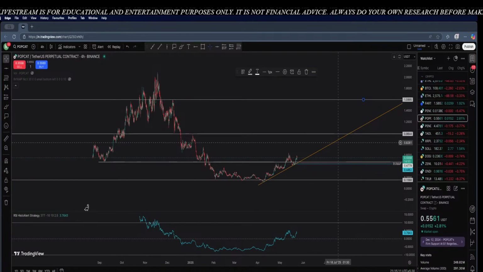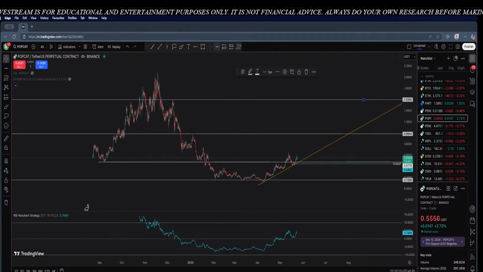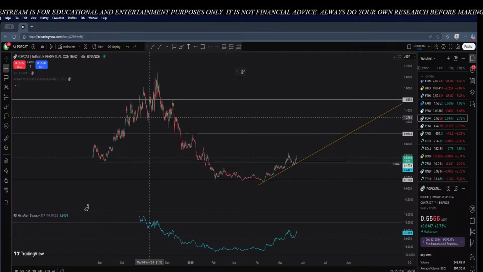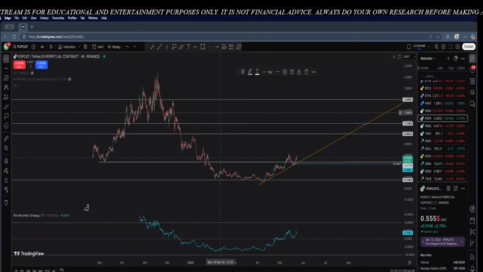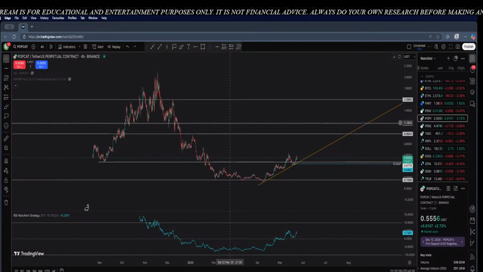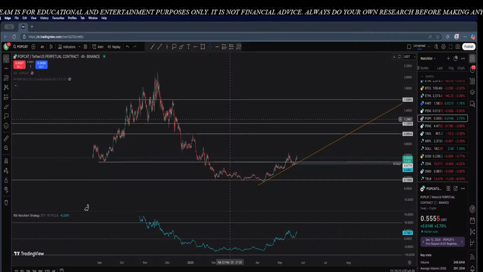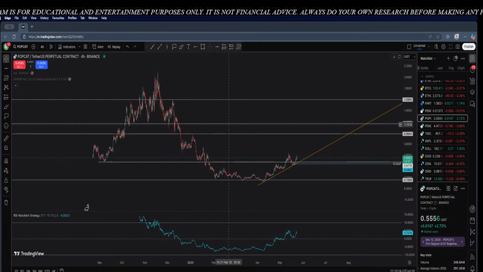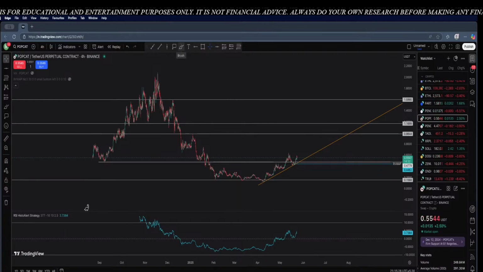And please keep in mind that all of these levels that I'm setting up are essentially going to be key levels. So the price might go slightly above and below. Doesn't have to always be exact and precise because, of course, the market is a dynamic market.